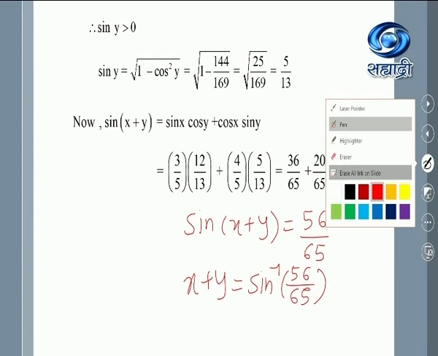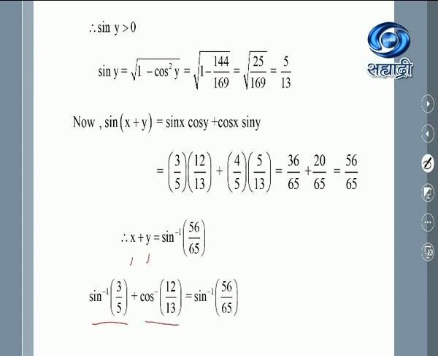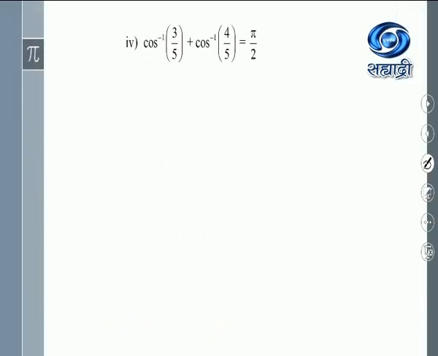So here we write the next step: x plus y as sine inverse of 56 upon 65, and therefore replace this x and y whatever we assumed in the previous slide. Sine inverse of 3 by 5 is x, cos inverse of 12 by 13 is y, which is equal to sine inverse of 56 upon 65 we got. So in this way we proved.